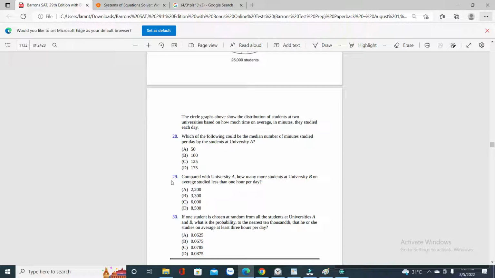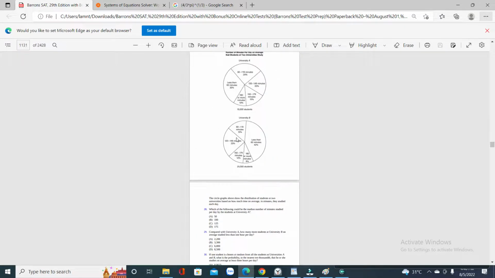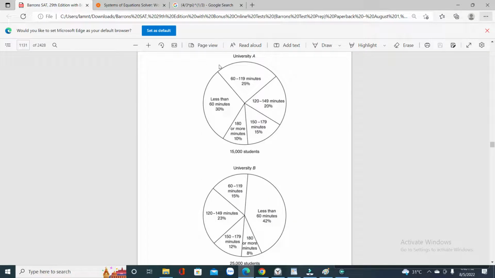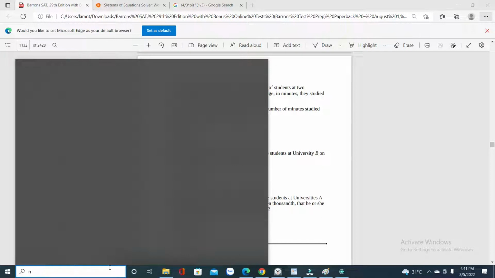Question 28 asks which of the following could be the median number of minutes studied per day by the students of University A. We have four answers: 50, 100, 125, 175.